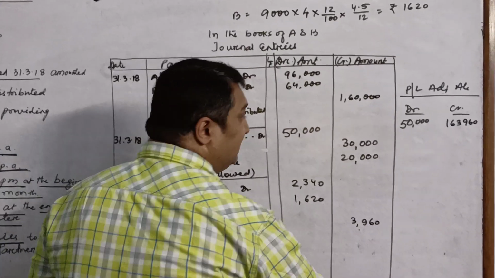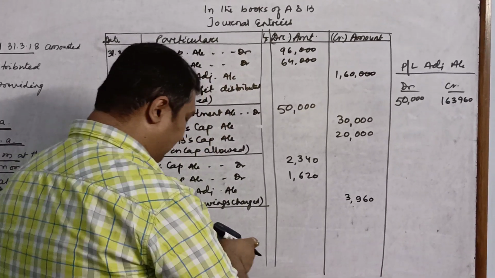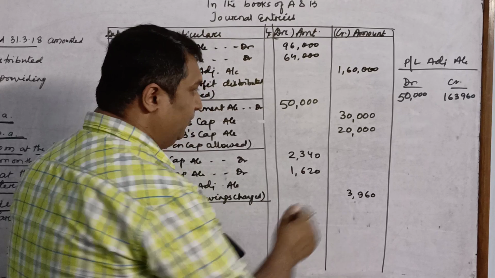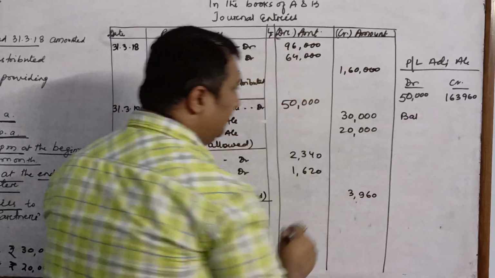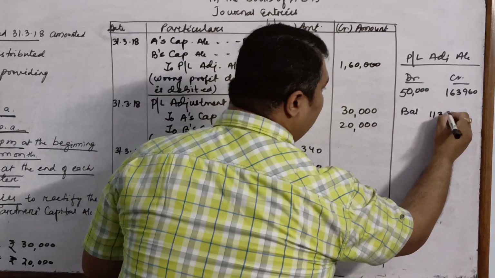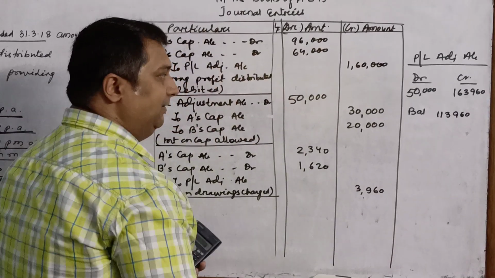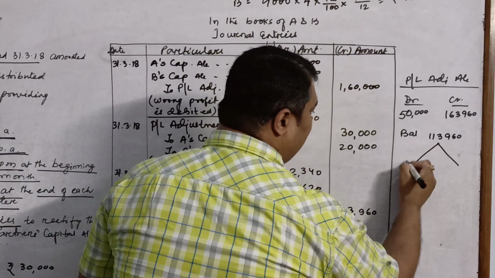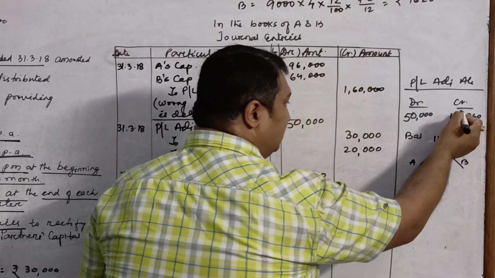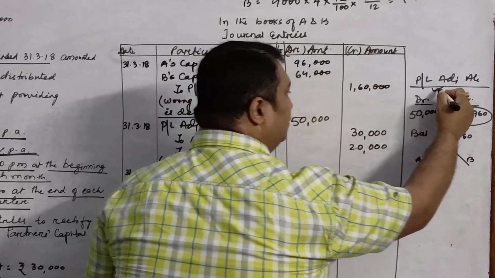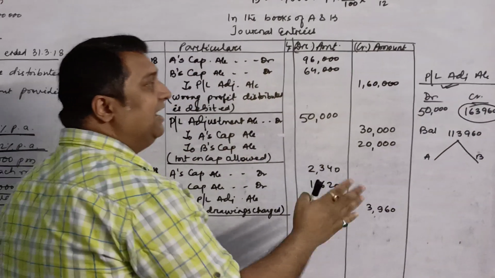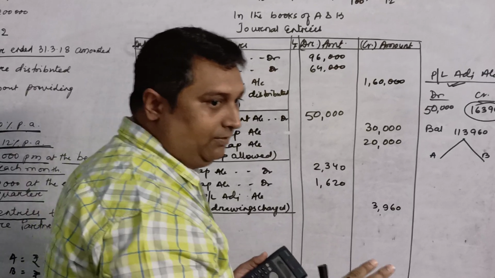Total is 1,63,960. So which side has the greater total? It's obviously the credit. So how much is the balance? The balance will be 1,13,960. This balance will be distributed between A and B. Since the credit side of PL adjustment is greater, this means that there is a profit.